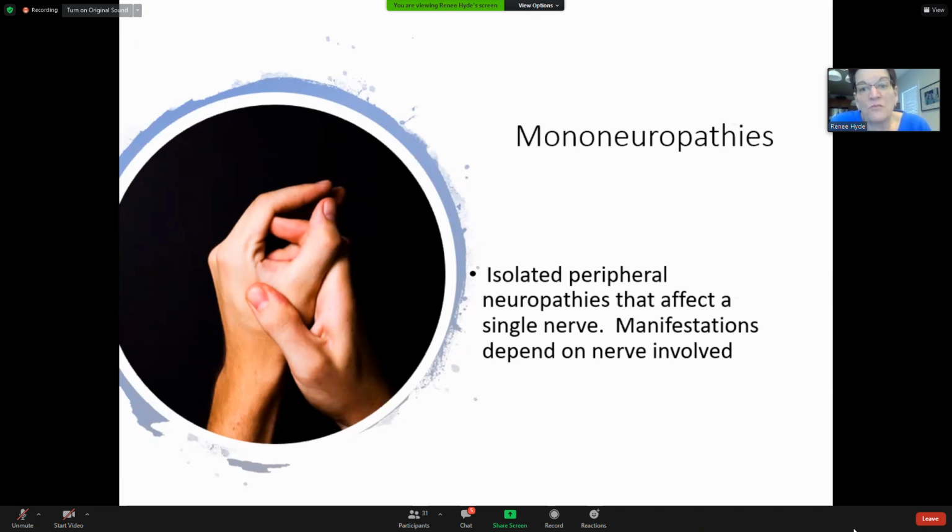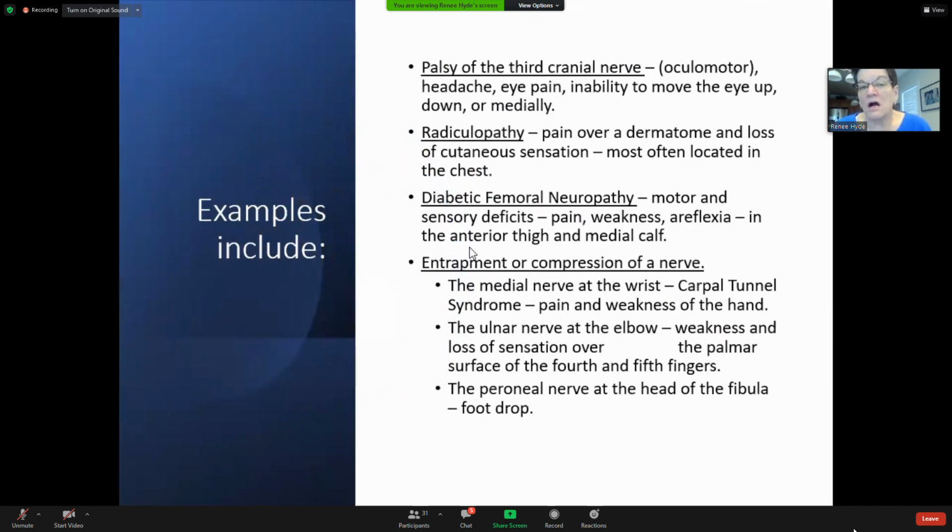A lot of your mononeuropathies are caused by excessive motion. Now, some of the others are third cranial nerve palsy, like the ocular motor palsy, with headache, eye pain, and inability to move the eye up and down or medially.